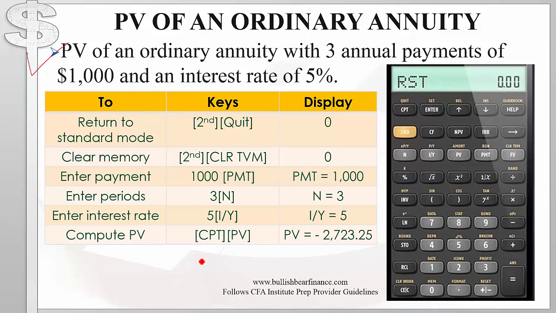Now let's try our financial calculator for the same problem. Just as we did earlier, we will have to return the calculator to its standard mode and clear memory for any calculations we did previously. We hit second and quit to return the calculator to the standard mode. We clear the memory by hitting second and clear time value of money.